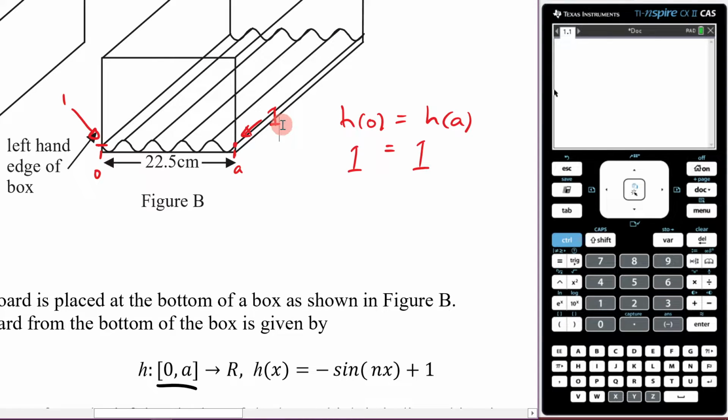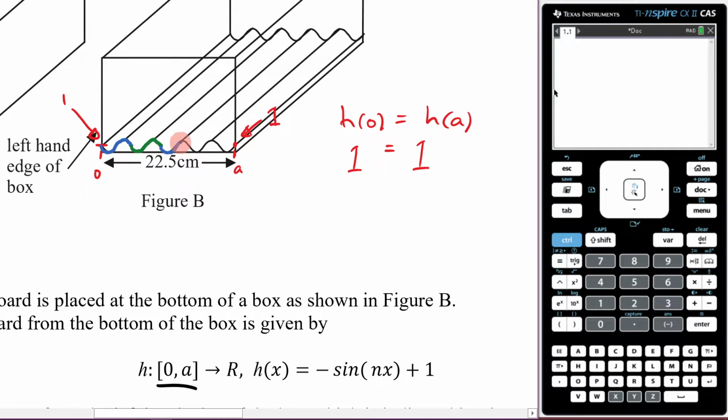Now, how is this useful information for us, and how does it relate to finding the period? This is where your critical thinking has to come in a little bit. What I want you to realize is, if I can figure out how many periods are within this box, I can simply divide it by how big it is. Let me show you what's going on here. Okay, there's one cycle. There's another cycle.